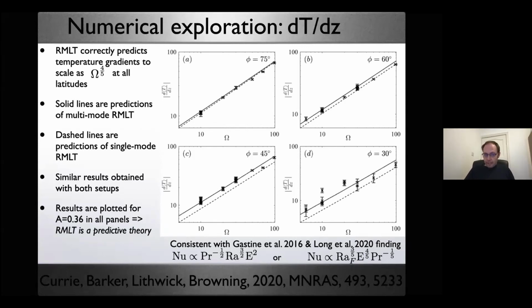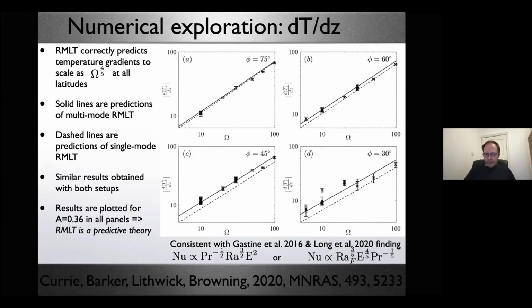We've also made a prediction from the multi-mode theory, which we do numerically by integrating the spectrum of modes, which is given by the black line here, which is only fit for one simulation at the poles for one given value of the constant A that I mentioned previously, and that gives the solid lines. And we've done a similar thing with the single mode theory, just by fitting the scaling laws at the poles.